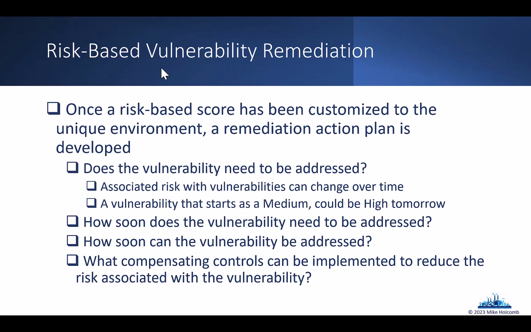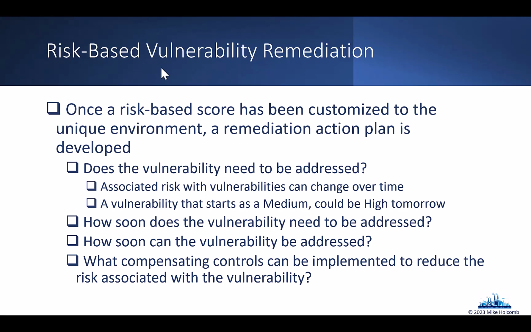But we had the option to segment the network to prevent any communication to those SIS controllers. That would be considered a compensating control that could eliminate or virtually eliminate, maybe 99.99% of the risk associated with those vulnerabilities on the SIS controllers.